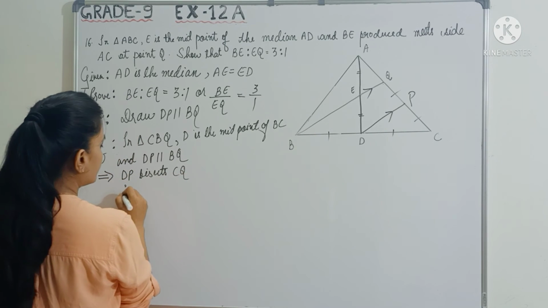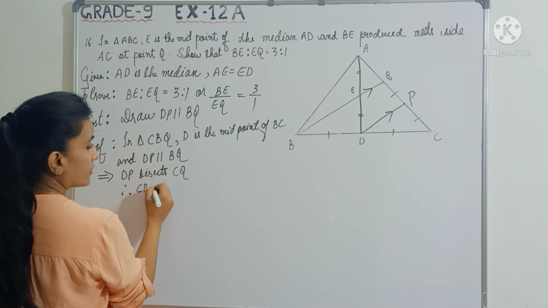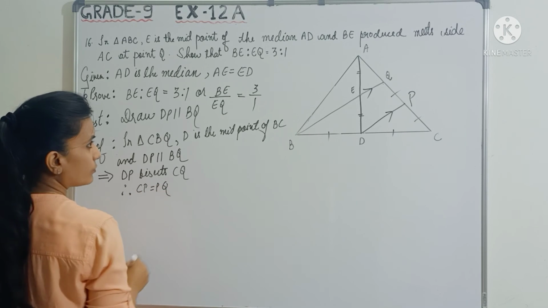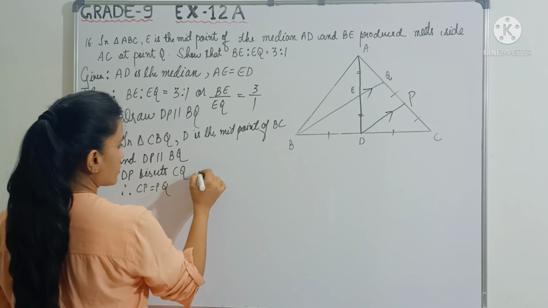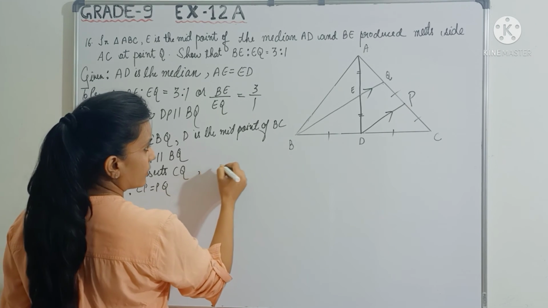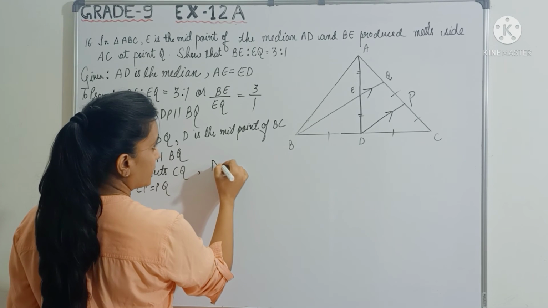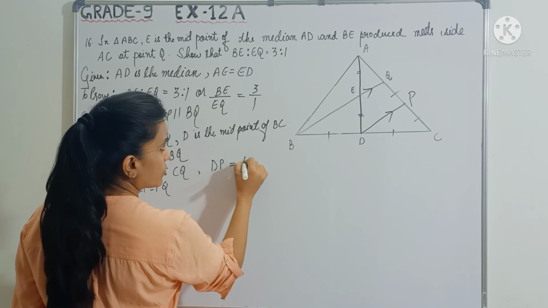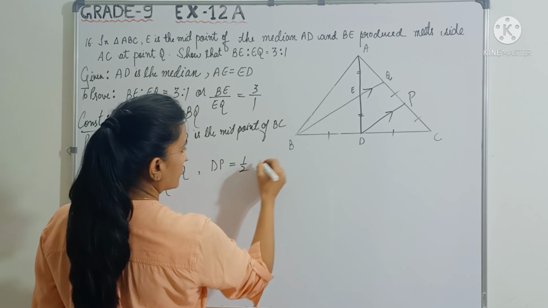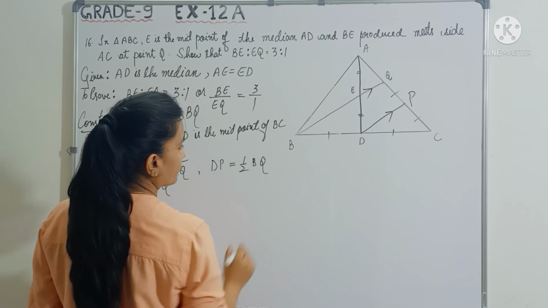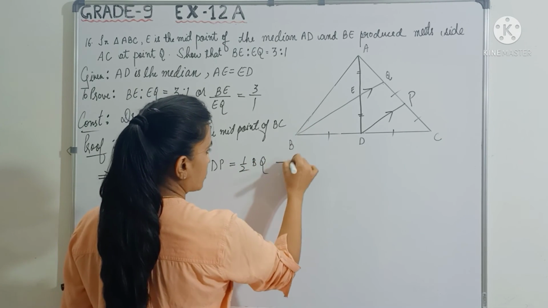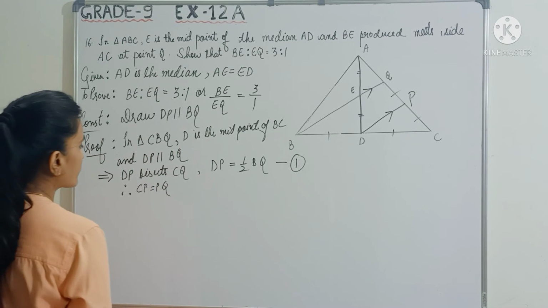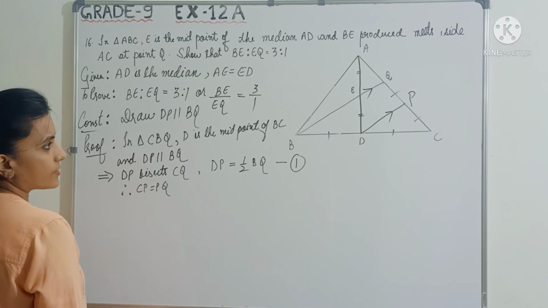So therefore CP will be equal to PQ, right? Also you will write down that DP is equal to half of BQ, right? Let's name it 1. Now what else?